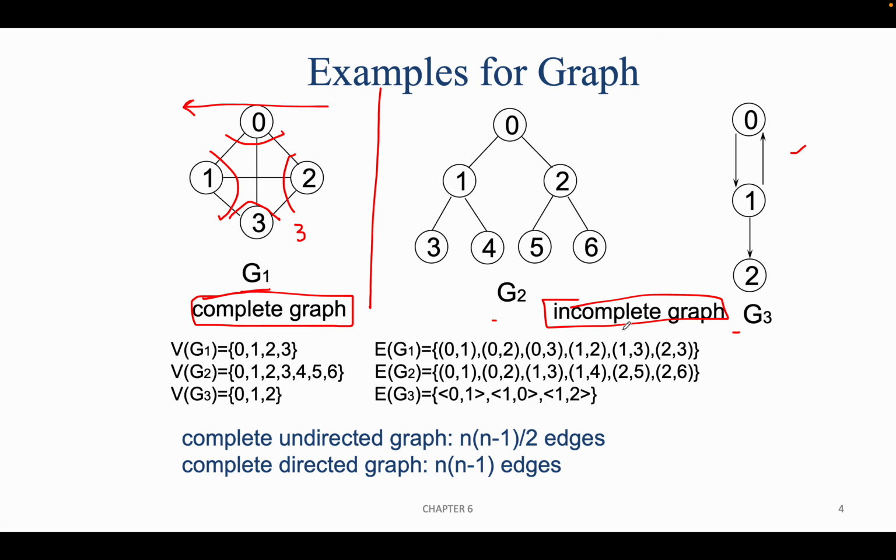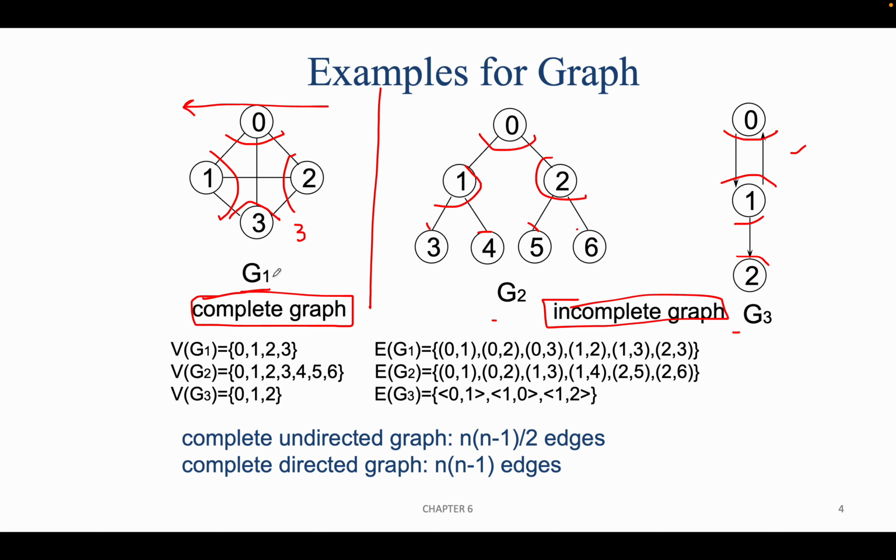But if this is an incomplete graph, how many edges? One in, one out, one in, two out, right? This is 1 in and 2 out, and this is 1 in, so it's not complete. So this is 2, this is 3, and this is 3. It is just 1, 1, 1 and 1. So it's not complete, so it is called an incomplete graph.